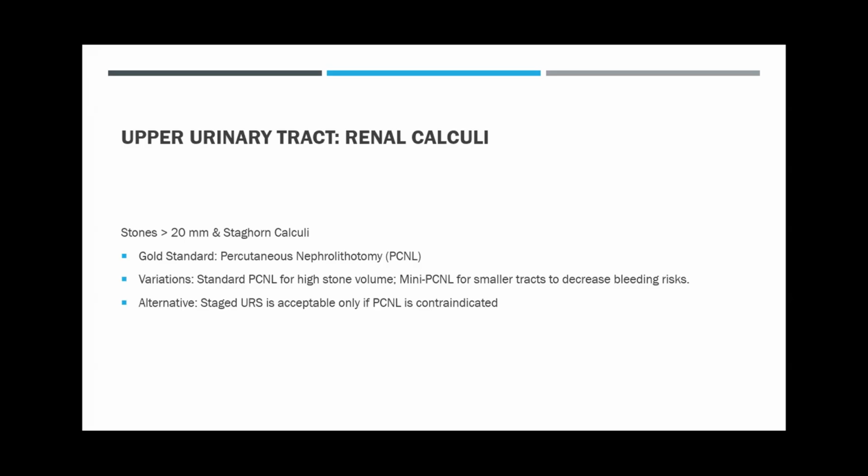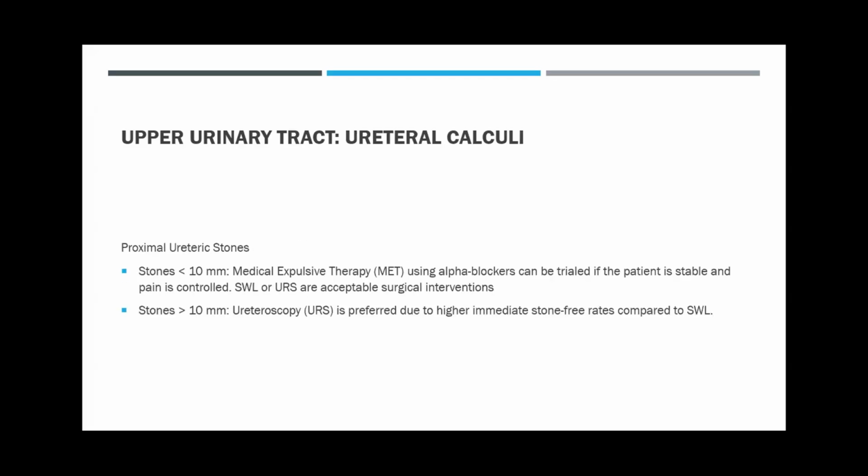And we can also use URS if there is a contraindication to PCNL. For stones in the ureter, in the proximal ureter, if the stone is less than 10 mm, we can give a trial of medical expulsive therapy with an alpha blocker and painkiller, and we can also use SWL or URS as an acceptable surgical intervention.